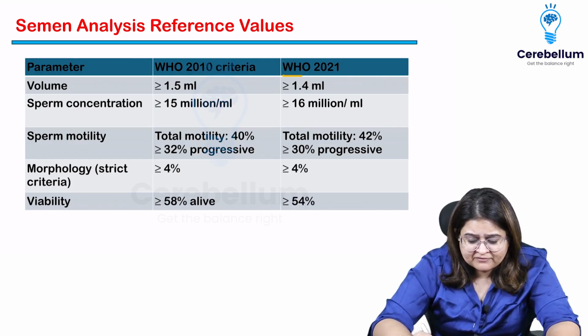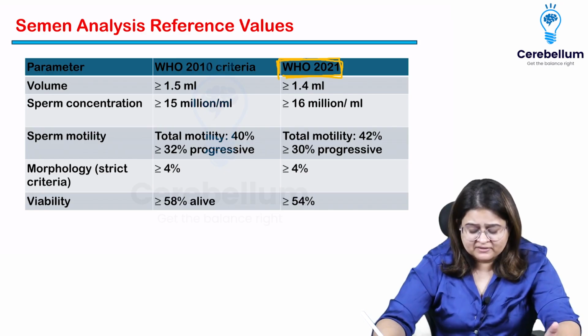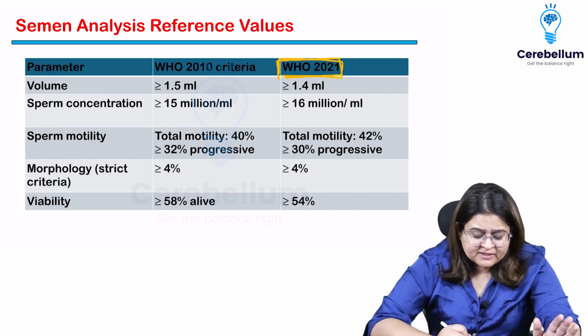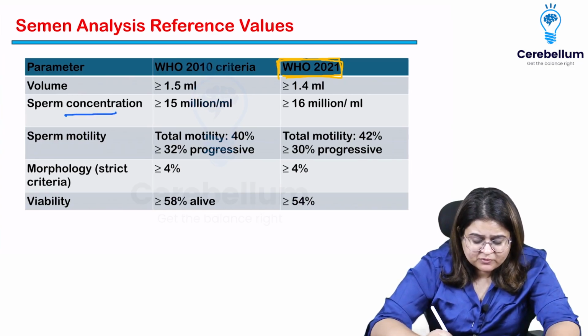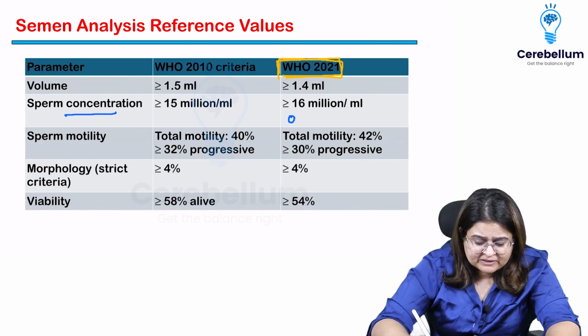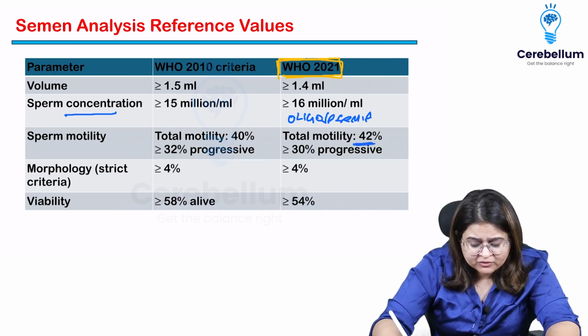Now, this is important. In 2021, the WHO came out with new cutoff values for abnormal parameters in the semen analysis. Sperm concentration is what is important. It used to be 15, now less than 16 million is called oligospermia. Sperm motility, remember the total motility less than 42% is called asthenospermia.